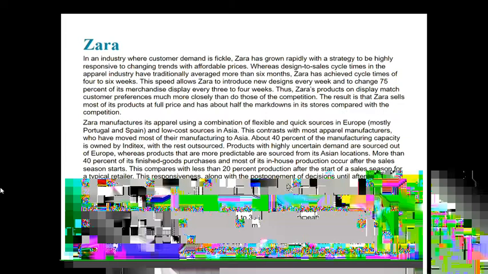If there's a change in trend or a new style comes out, they're quicker to respond and put out a new line of clothing before their competitors do. So they respond to the market much faster, a much faster response to demand.